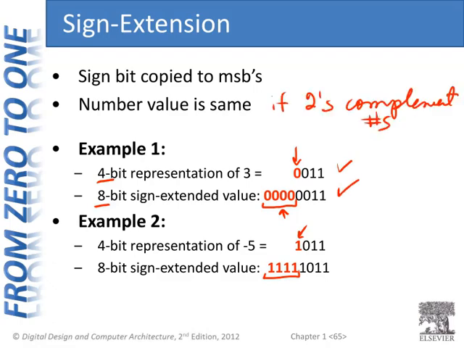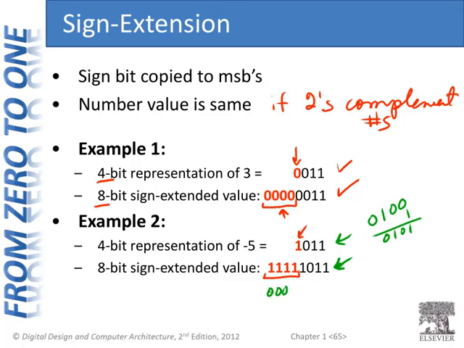And this number down here, let's see, what's the value up here? -5, and we can double check that. Take the 2's complement: invert the bits, add 1. In fact, we do get 5 there. And that is the 8-bit 2's complement representation of -5.